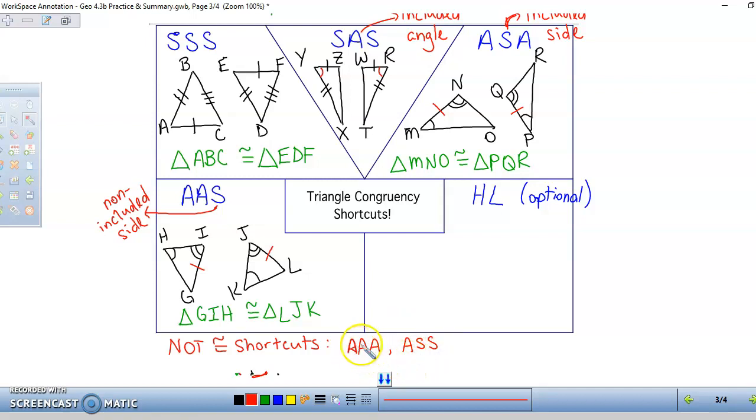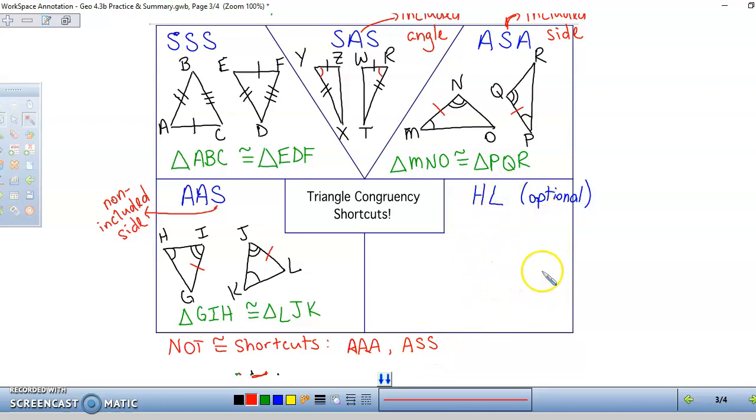If you're given 3 angles that are congruent to 3 other angles, that is not enough information. Also, if you have a non-included angle, side, side, that is not enough information. If you have 2 sides, you need the included angle. So just remember those 2 things do not work.